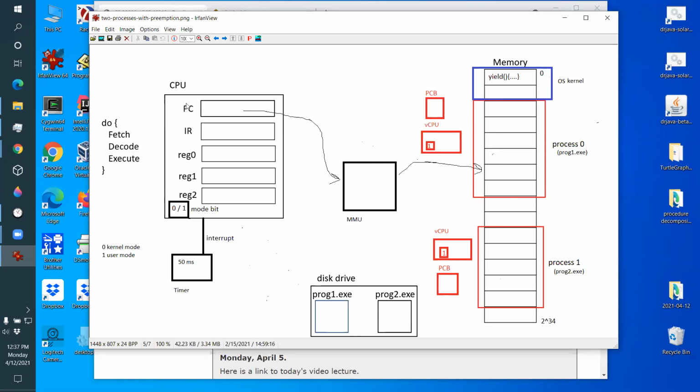When the CPU is in kernel mode, it's a physical CPU, not a virtual CPU. It can see all of memory, and it does something to switch to this other process. And then it goes back to user mode, becomes a virtual CPU, and it only sees this memory down here now. So how does the CPU only see this memory when it's running this process, but only sees this memory when it's running this other process? That's what we want to get at.